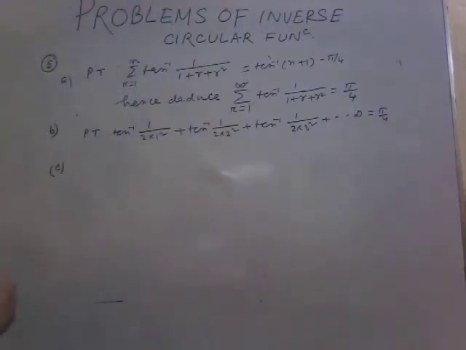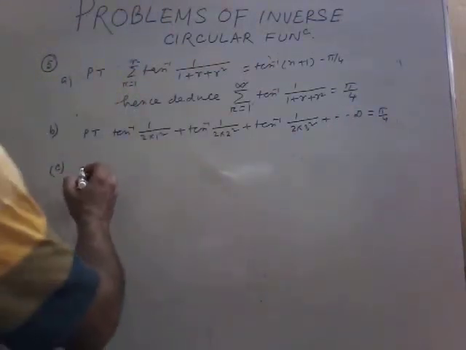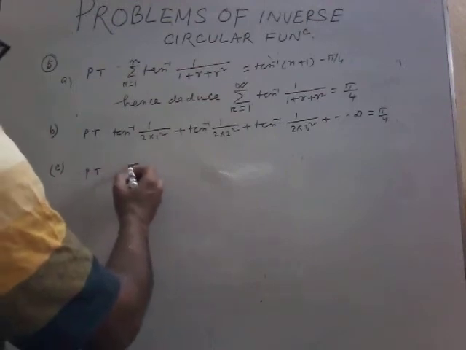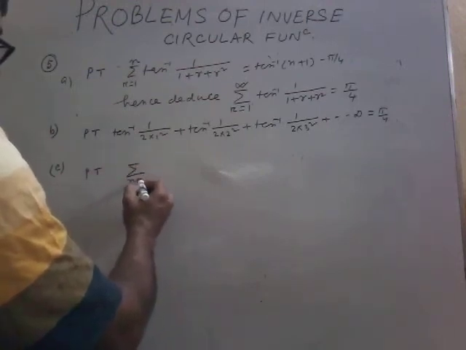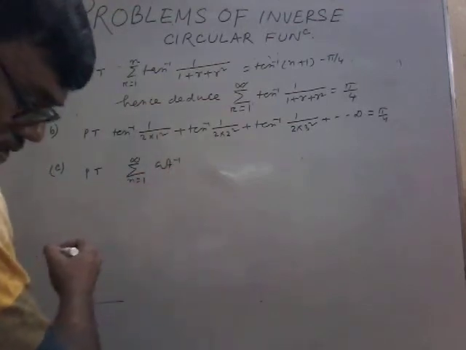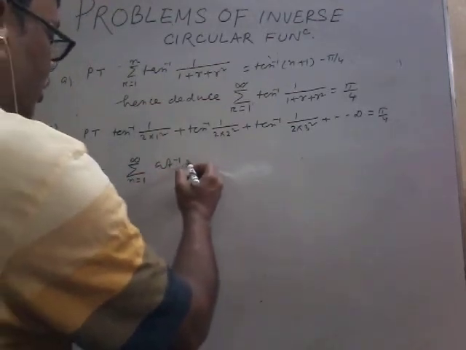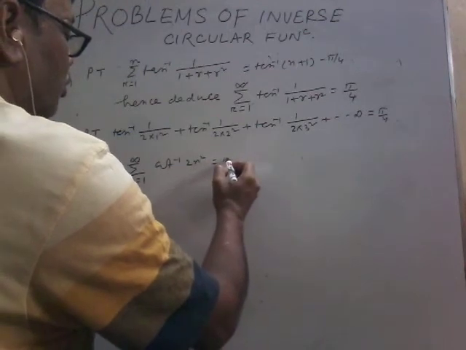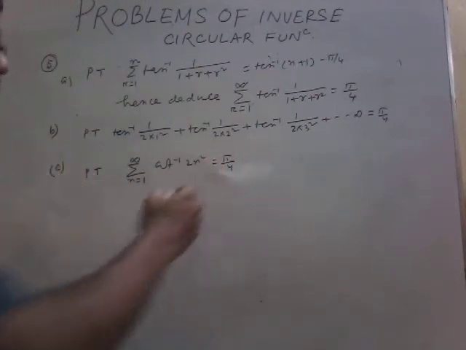C, prove that n equals 1 to infinity cot inverse 2n square equals pi by 4.